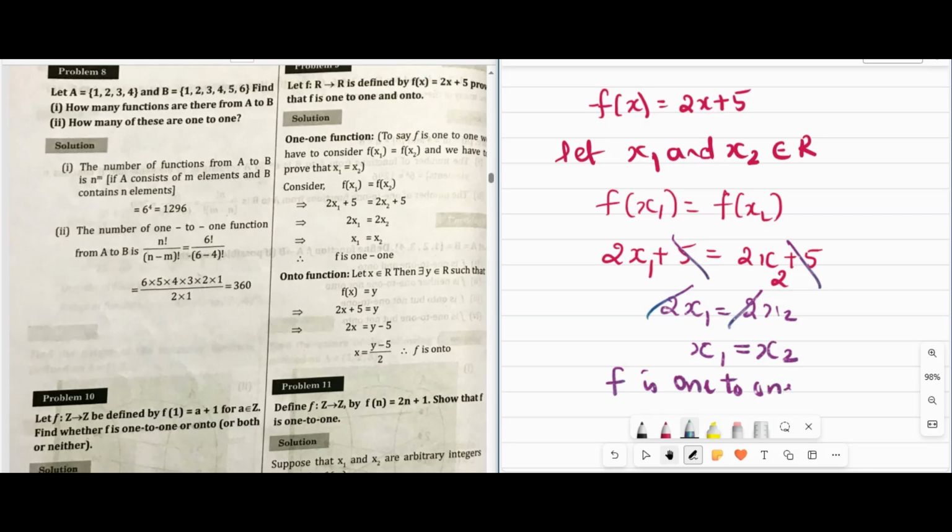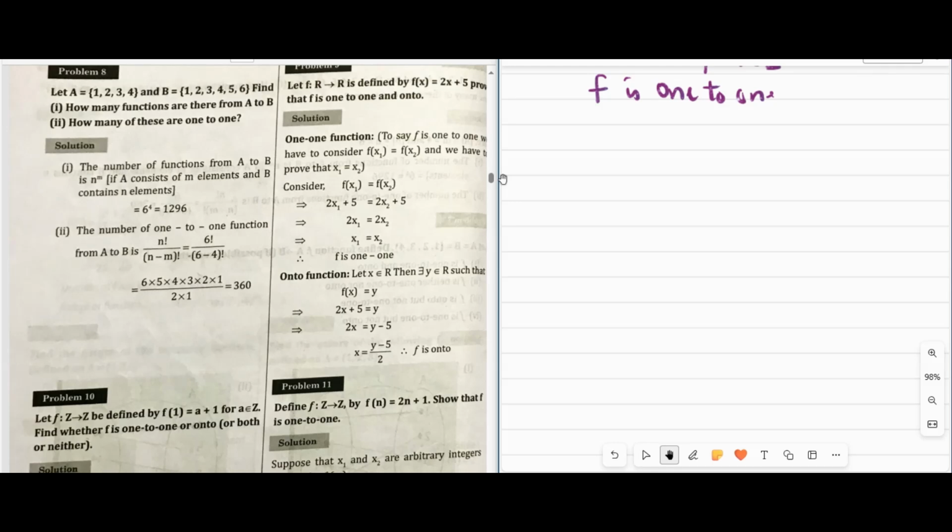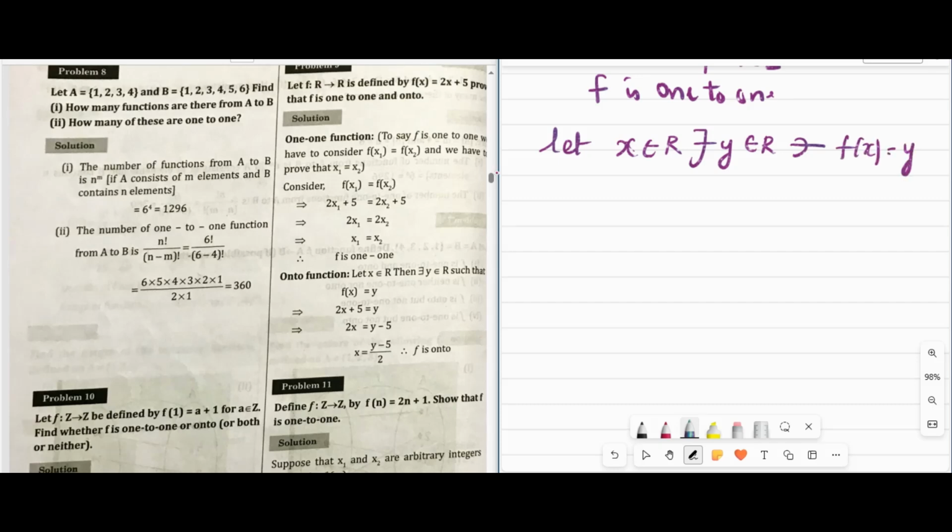Then how to prove it is onto? To prove onto, we should write: let x belong to R, there exists y belonging to R such that f of x equals y. So now we take the formula for f of x, which is 2x plus 5 equals y.